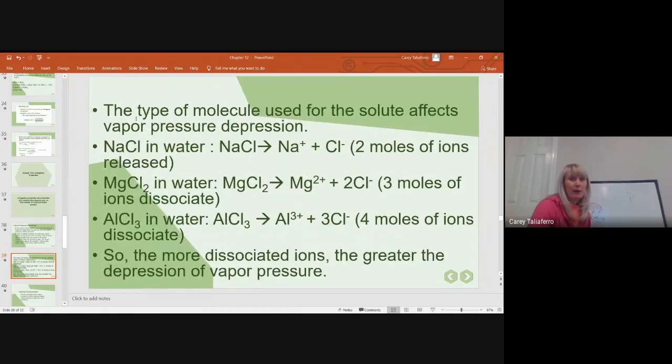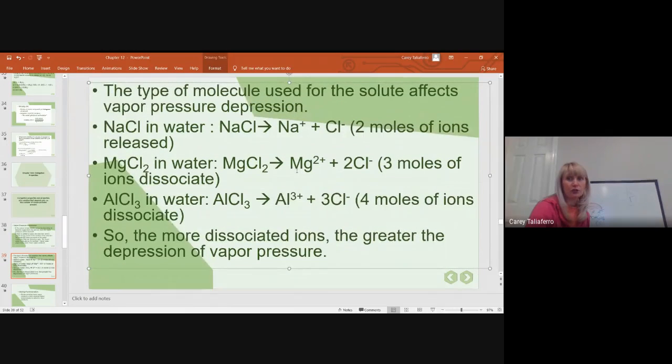Now, a couple of things to keep in mind, and this is going to follow us through with these types of problems, is that the type of molecule that you use for a solute affects how much the vapor pressure is lowered or depressed. So when we have sodium chloride, that dissociates into sodium ions and chloride ions. So you actually get, for every 1 mole of sodium chloride crystals that you put into water, 2 moles of ions in the solution.